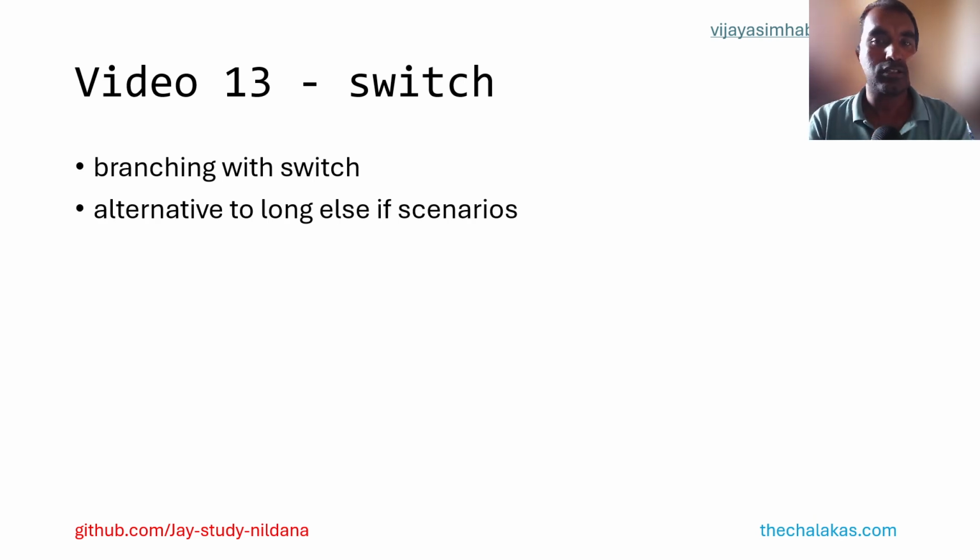Now, there are some scenarios where you already know the different branches the program is going to flow. So let's say you're trying to give a different message based on the part of the day, like morning, afternoon, evening, and night.